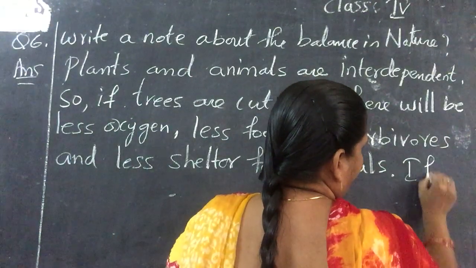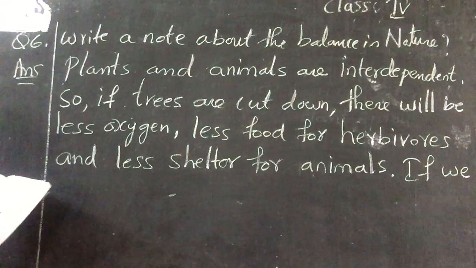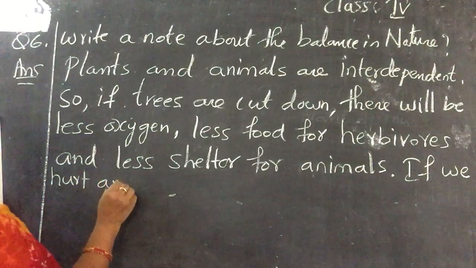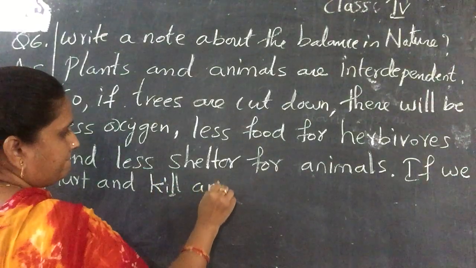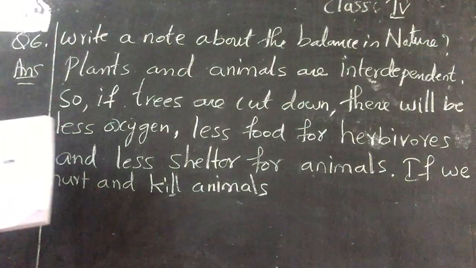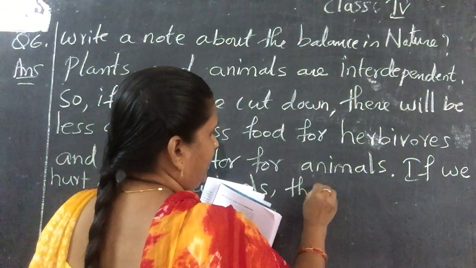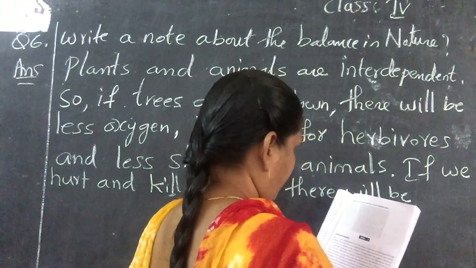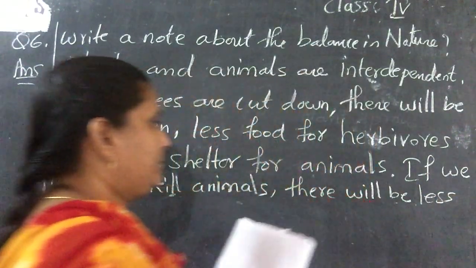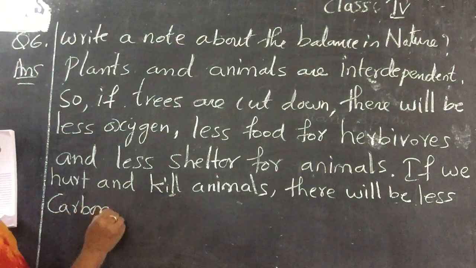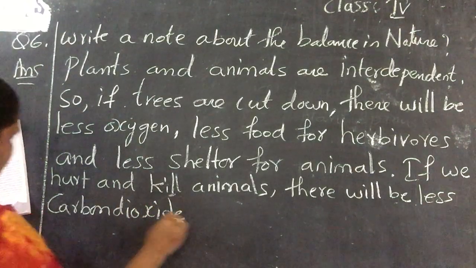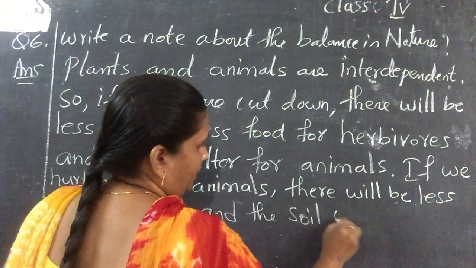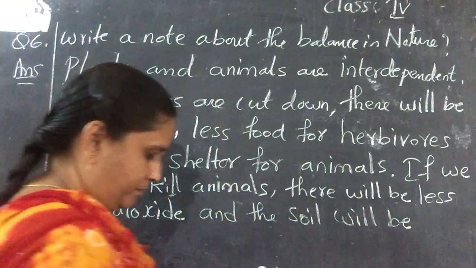If we hurt and kill animals, there will be less carbon dioxide, and the soil will be less fertile.